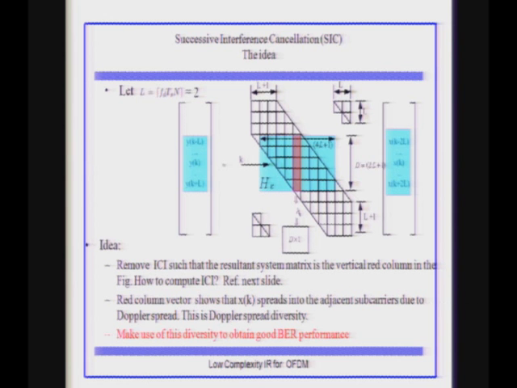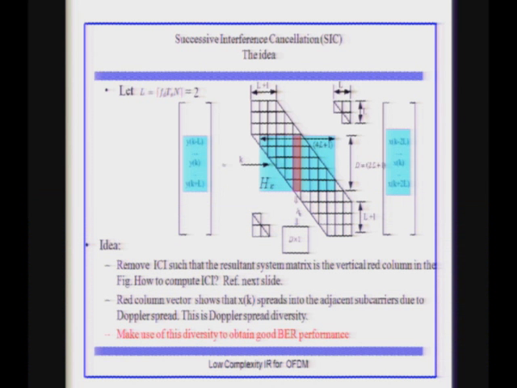Now we just have a glimpse of the new scheme, the successive interference cancellation. So we saw that the matrix is sparse for a practical value of L, and there what we do is, suppose we are trying to find the estimate of YK, we have the ICIs from these terms and these terms.